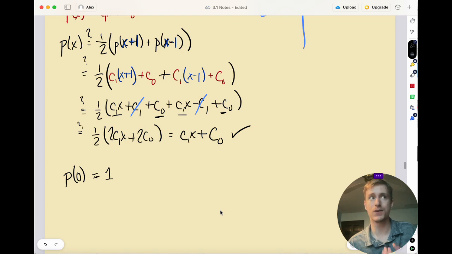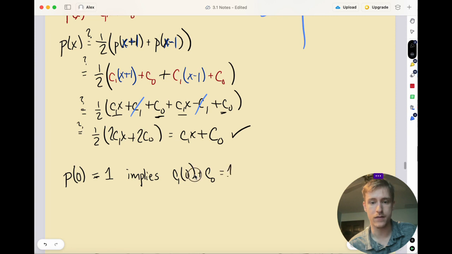If you start off with $0, you're going to have $0 and then you can't play the game anymore. So that's going to imply that c1 times x plus c0 is equal to 1, which, since x is 0, is going to imply c0 is equal to 1.